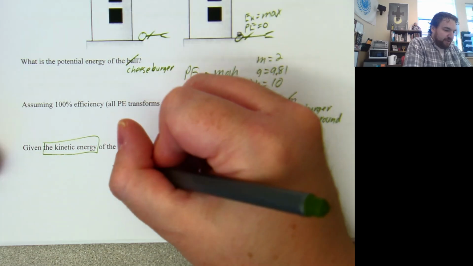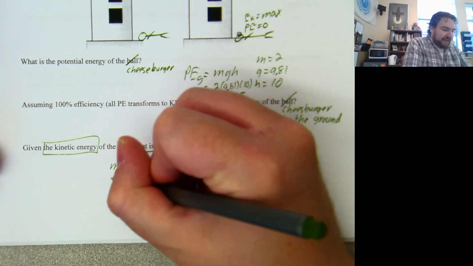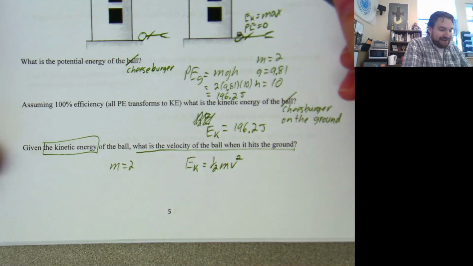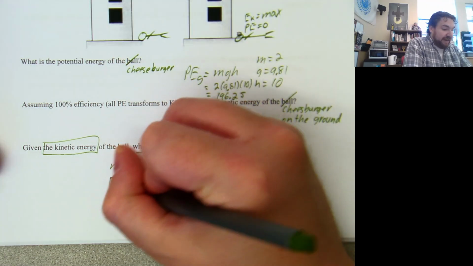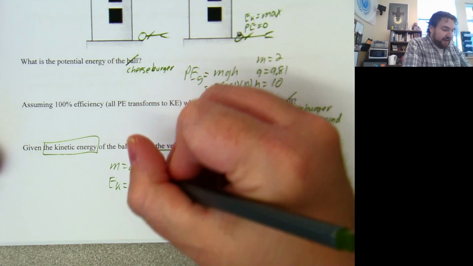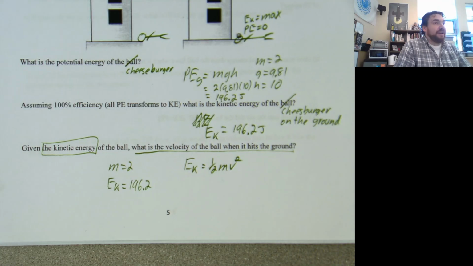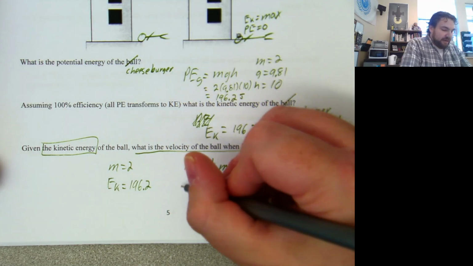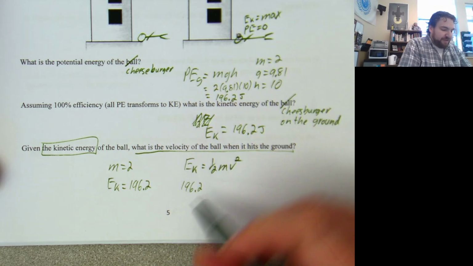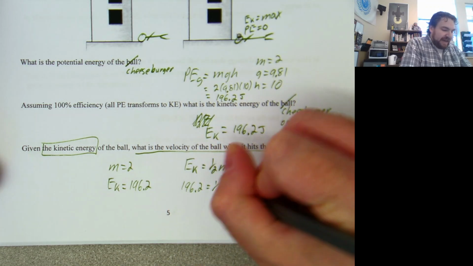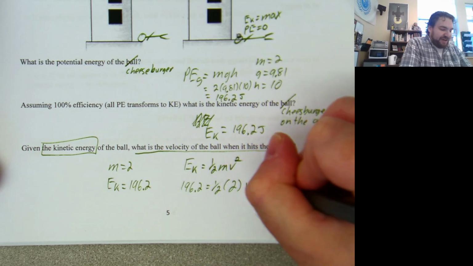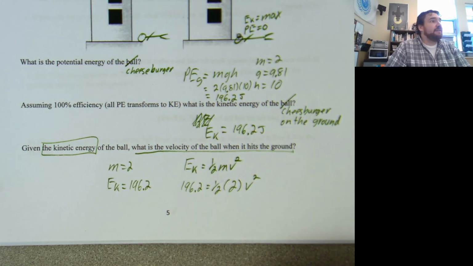We know that the cheeseburger has a mass of 2. We know the EK is 196.2. So now we're going to plug it in and solve. 196.2 goes in for EK is going to equal half times 2 times v squared. These numbers are nice. What's the first thing we can do as we solve this problem?